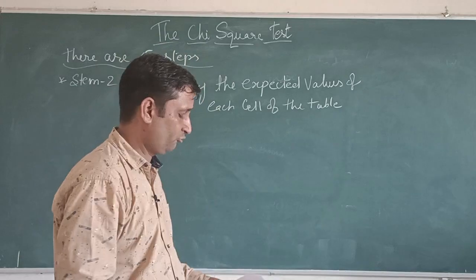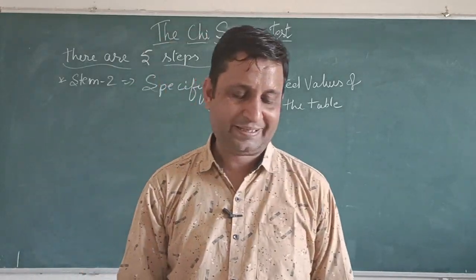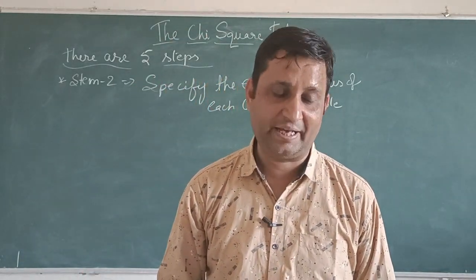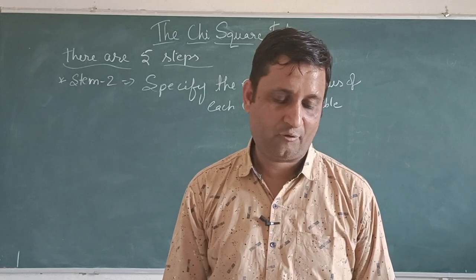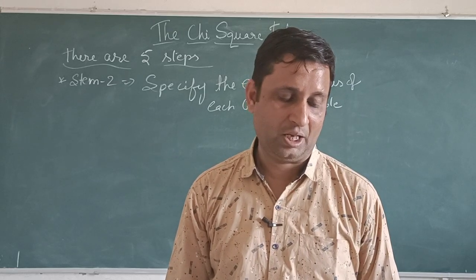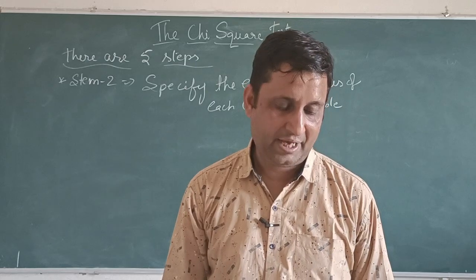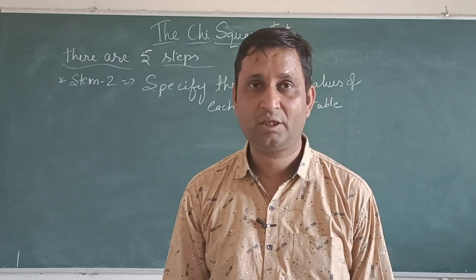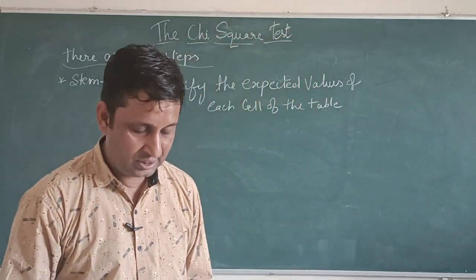The expected values specify what the value of each cell of the table would be if there was no association between the two variables.